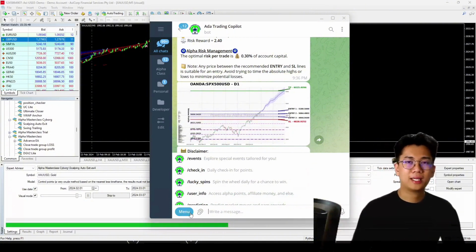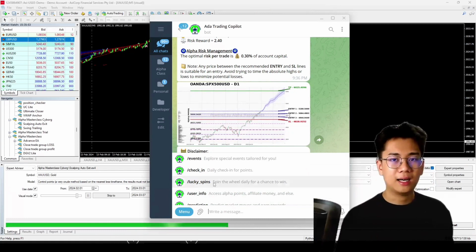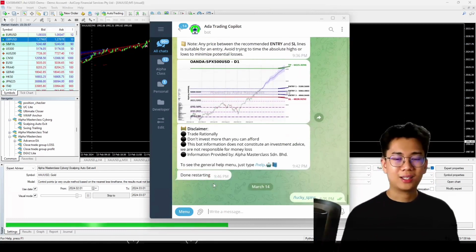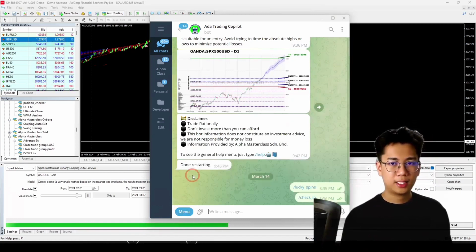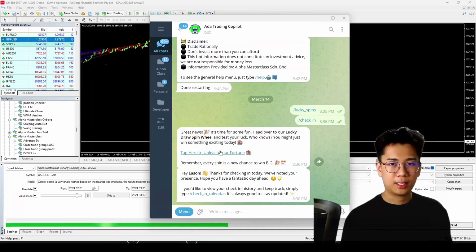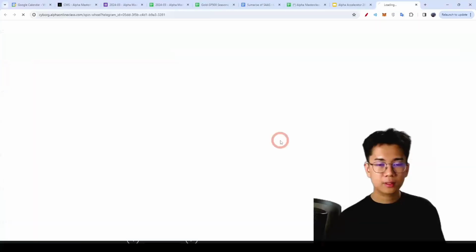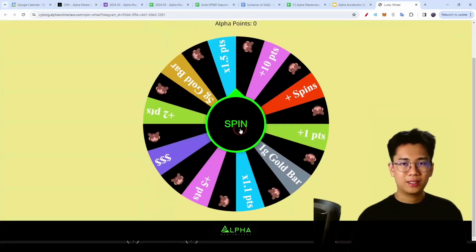For the sake of making the trading a little bit more fun, every single day there is a lucky spin wheel here. You can go into lucky spin, check in, and then you can get your lucky spin and spin your wheel here.